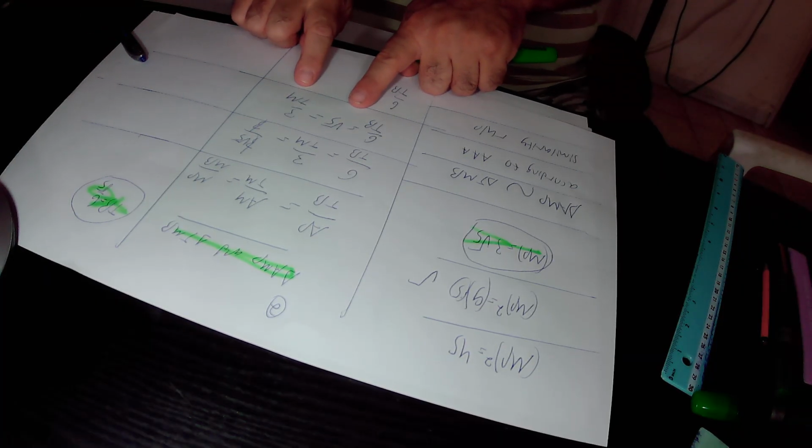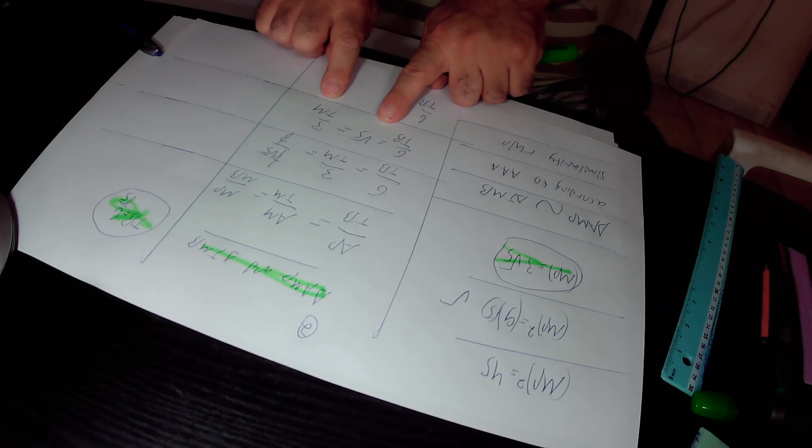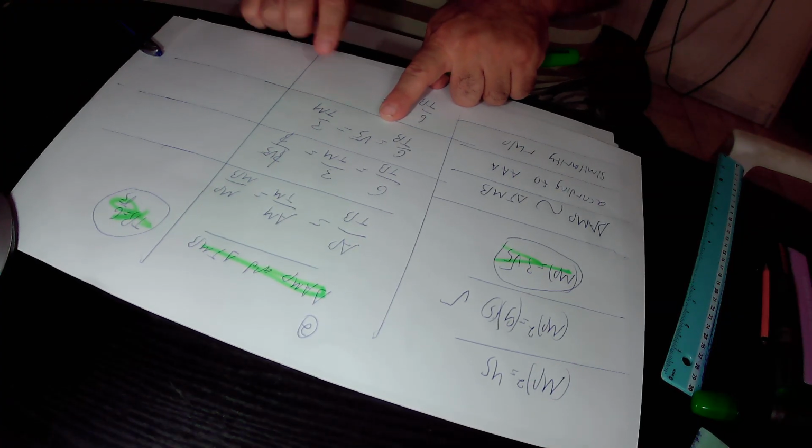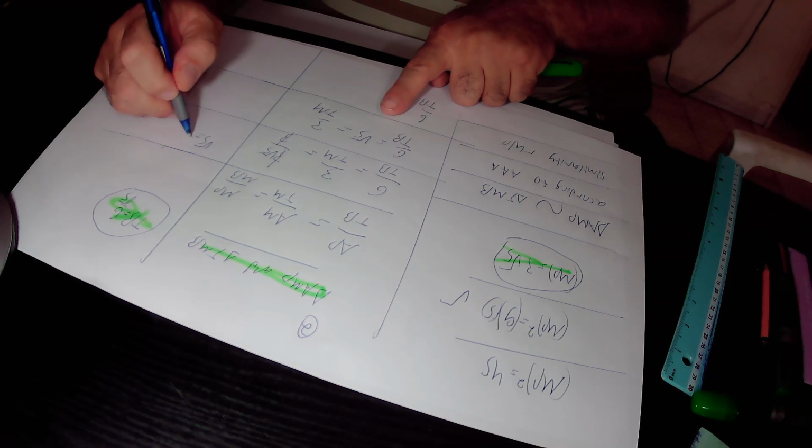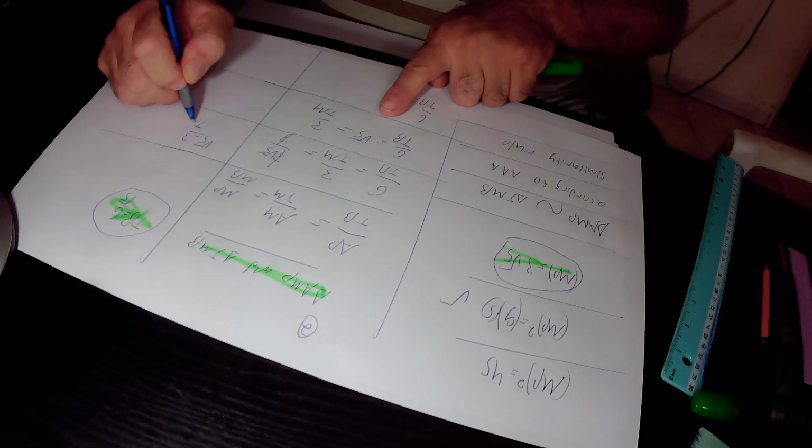Those two expressions are equal to each other, that is to say, square root of 5 equals 3 over TM.